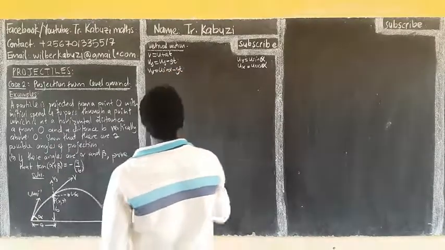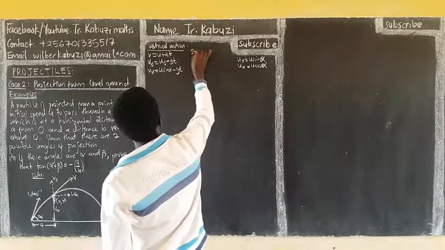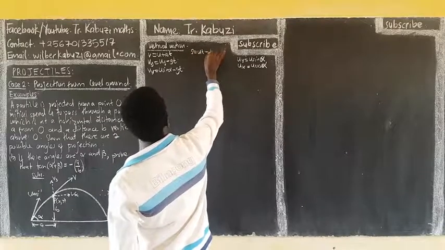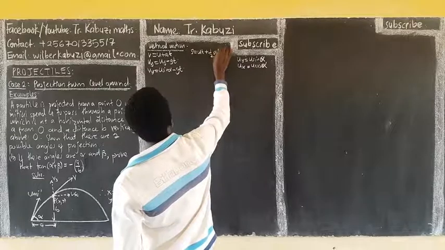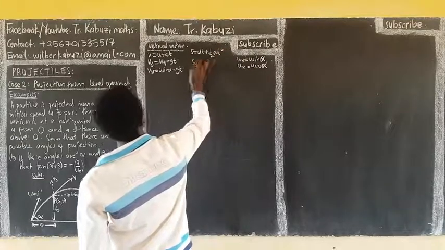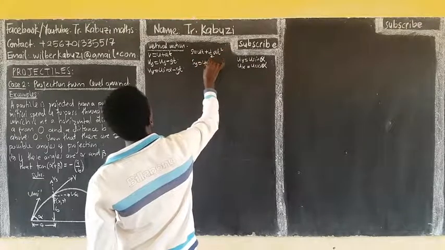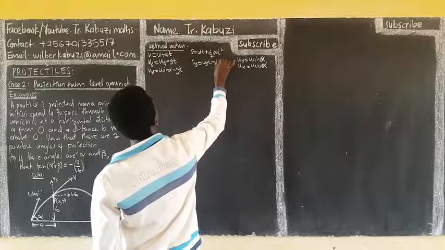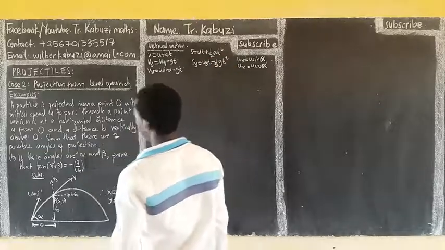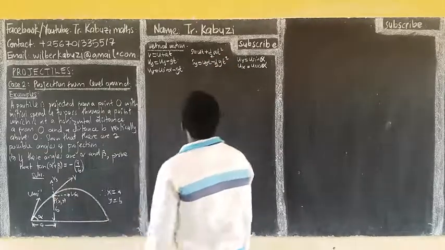What about the distance? Our distance is given by ut plus a half at squared. So my s in y will be Uy t minus a half g t squared. Why are we having negative? Because this one is acting against gravity.